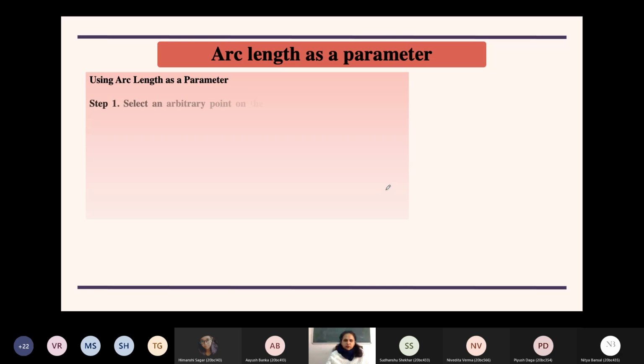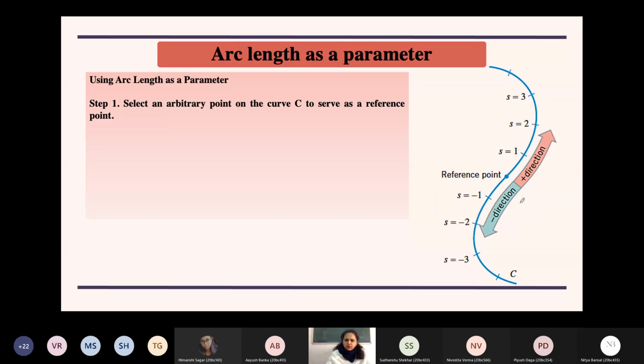Okay, so for that we'll first see how to use arc length, then we'll see how to change the parameter. So suppose we have a curve like this, C. Now the first thing is we select a reference point. Okay, we select a point where we say that at this point your arc length has value 0.